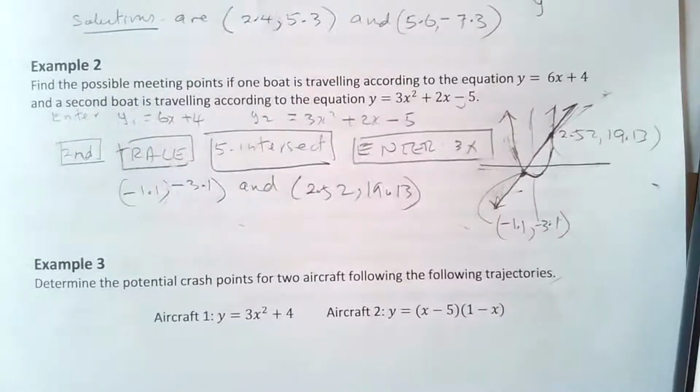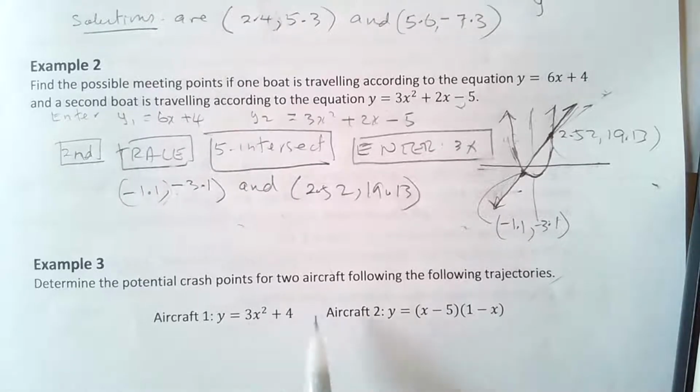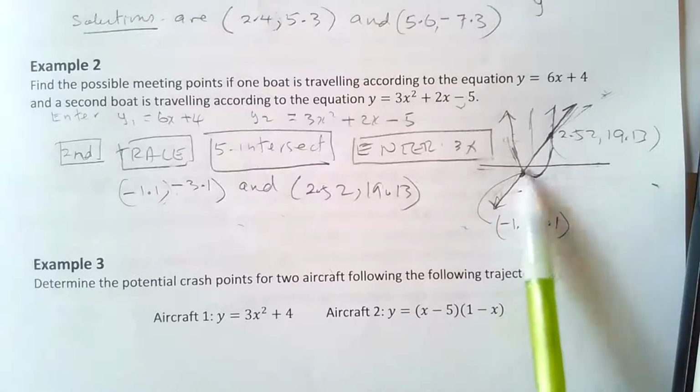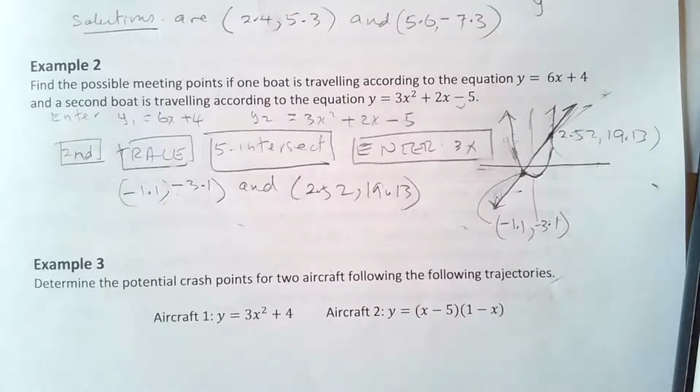In this other scenario, determine the potential crash points of 2 aircraft following their falling trajectories. So notice these are going to be 2 quadratic functions. Now, there can only be a solution if they do meet. If they don't meet, then there's no solution.